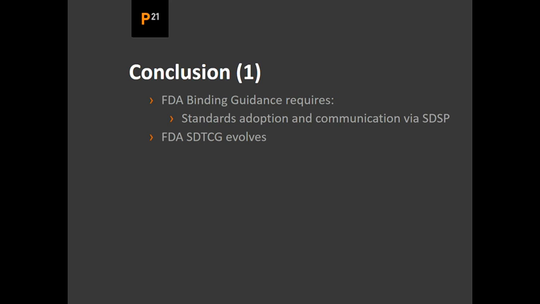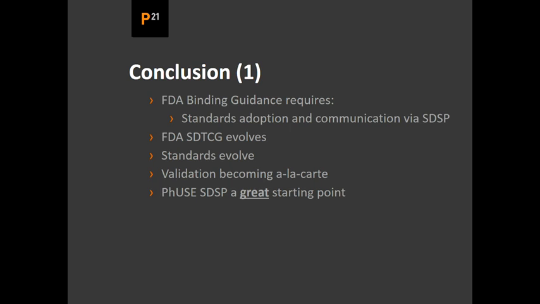Many things evolve. The study data technical conformance guide evolves, and we have examples of that. The standards evolve. The validation must become a la carte because of the way in which standards are expanding and exploding. Another plug for the FUSE Study Data Standardization Plan. It's a great starting point.